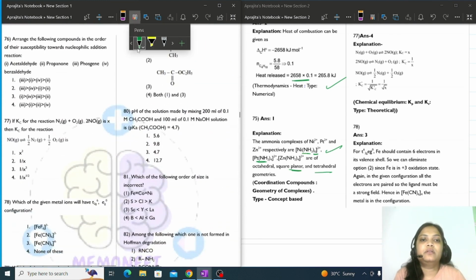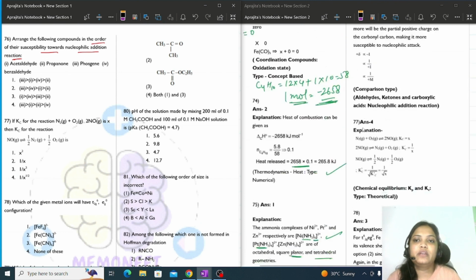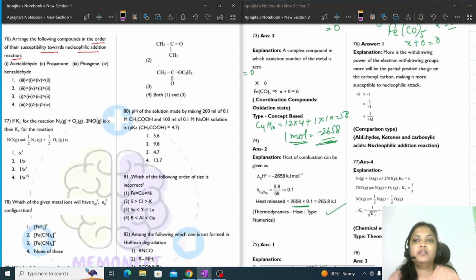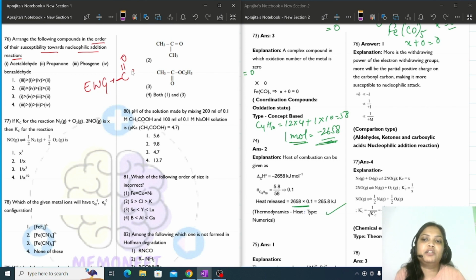Now question number 76, it is, arrange the following compounds in order of their susceptibility towards nucleophilic addition reaction. So let's see how we can proceed with this question. So we know that if there is an electron-withdrawing group attached with the carbonyl carbon, so in that case there will be more partial positive charge on the carbonyl carbon, making it more susceptible for a nucleophilic attack.